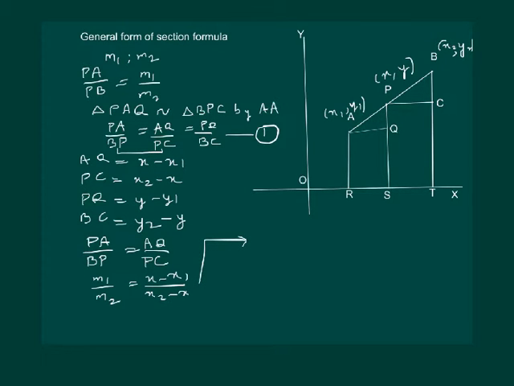This will give us M1 into x2 minus x equal to M2 into x minus x1. Open the brackets.